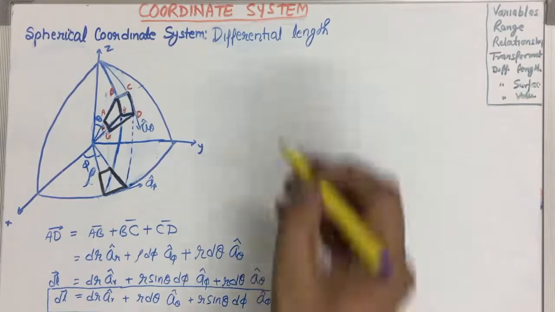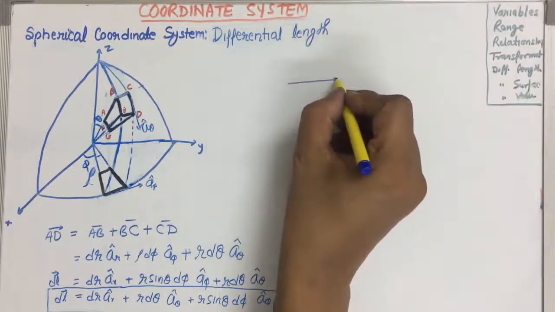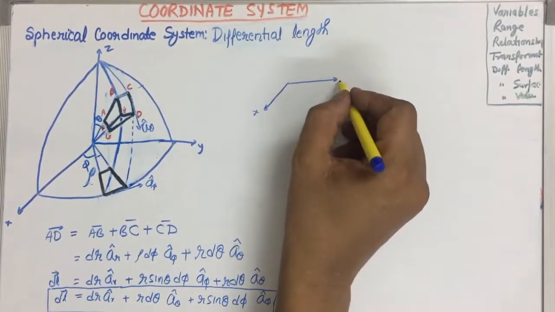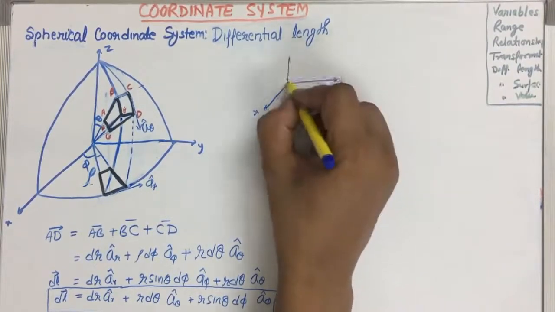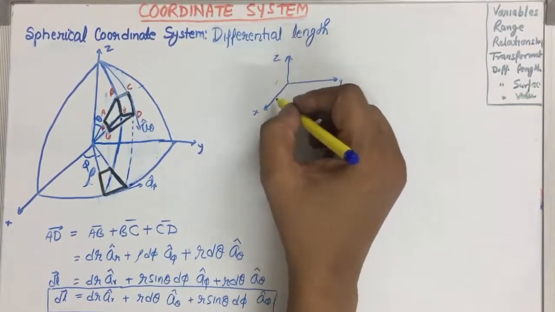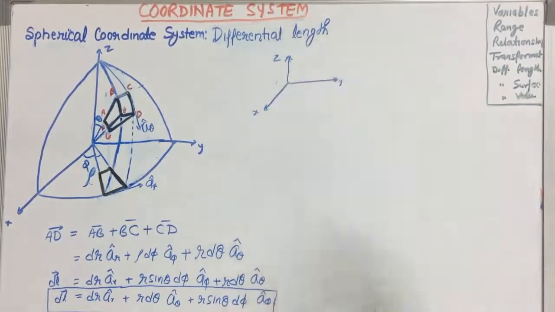Now this is x, y, z. The cross product of these two will give the third one, and the cross product of these two will give the third one. Similarly, the cross product of a r and a theta will give the third unit vector, because these three are orthogonal.